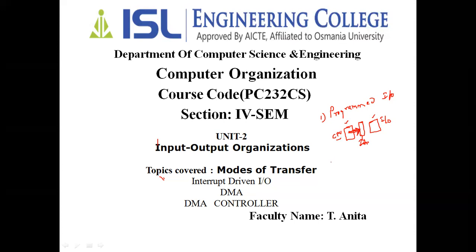In order to overcome that, we have gone for interrupt-driven IO. What is an interrupt-driven IO, in the sense? See this diagram only. Interrupt-driven, in the sense, instead of the CPU always checking the interface, once the IO request has been received, the interface is going to interrupt the CPU, like a request has come.